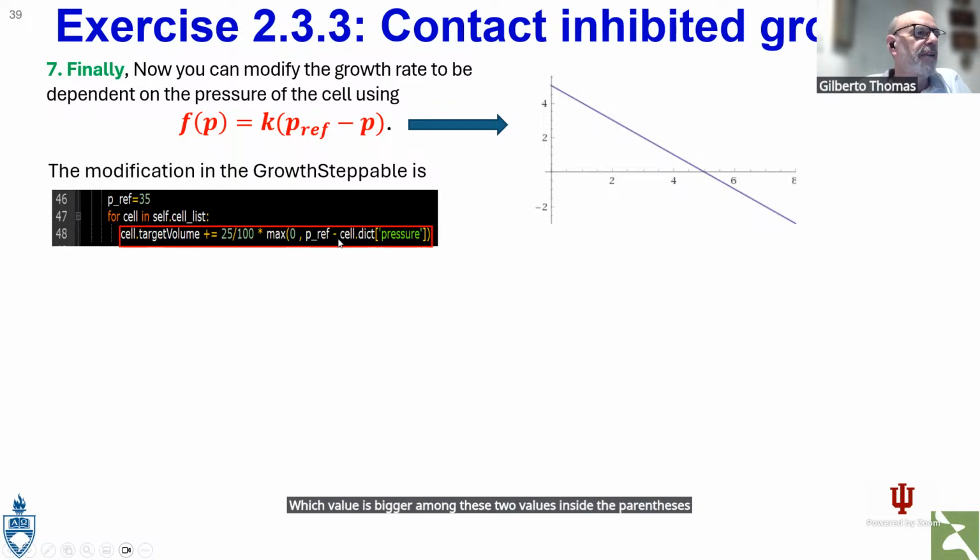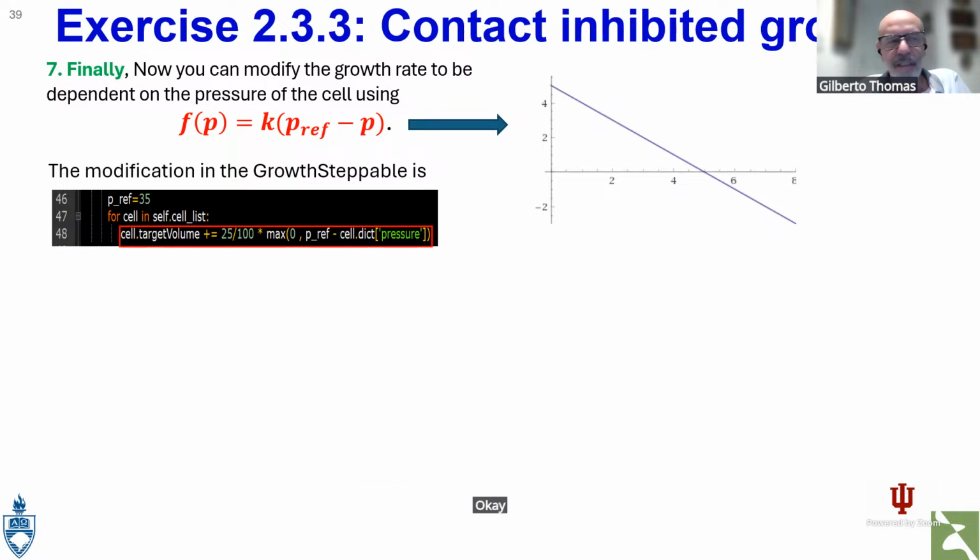So if p ref minus cell dictionary pressure is negative, it gives you 0. If this quantity is positive, it gives you this quantity. Understood? So this is a threshold.